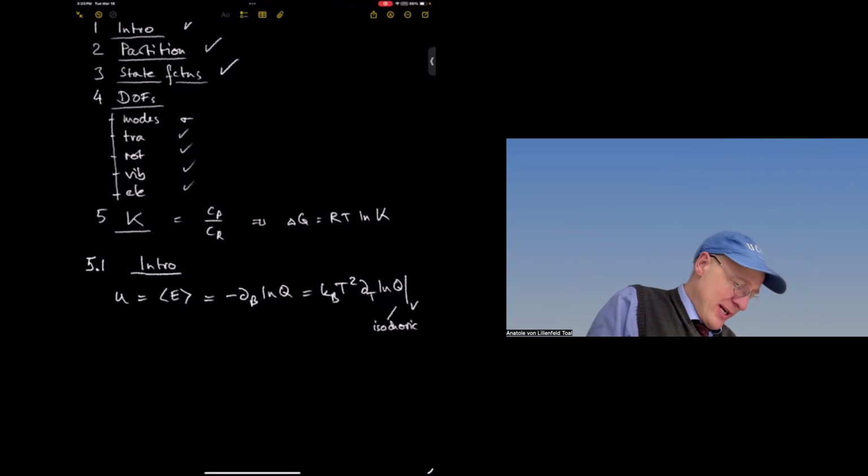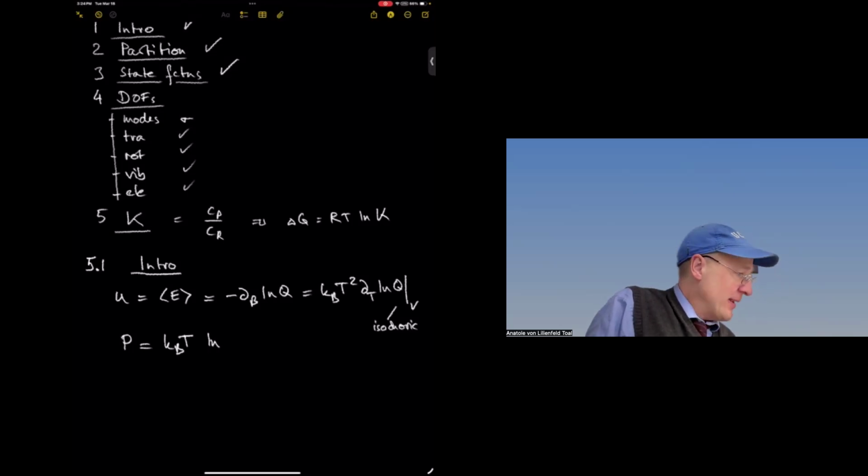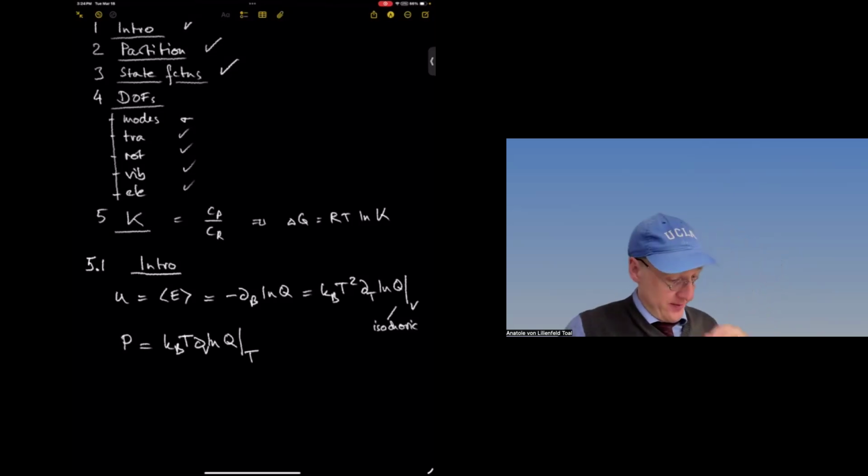Now, that means pressure varies like crazy, and we get it from kBT derivative with respect to volume of logarithm q constant temperature. Right? Now, this is often a confusion. How, if something like volume is constant, how can I measure a pressure or some derivative with respect to the constant variable?